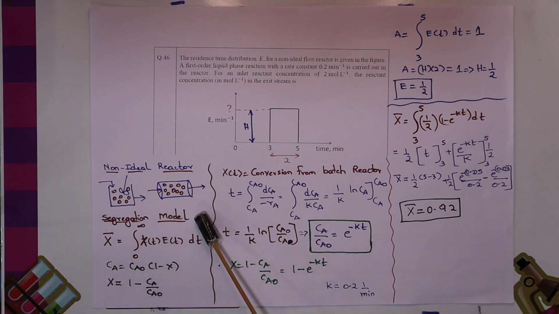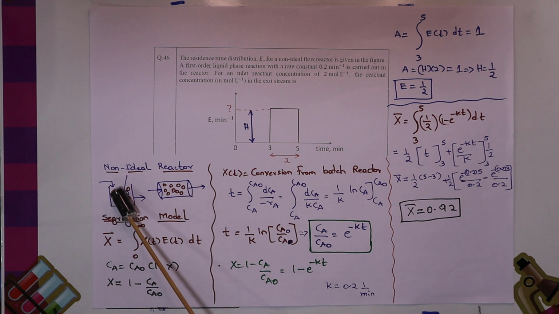If you remember, in the segregated model, reaction happens inside the reactor in the form of small batch reactors. That means you have to find the conversion in the different batch reactors inside the reactor.